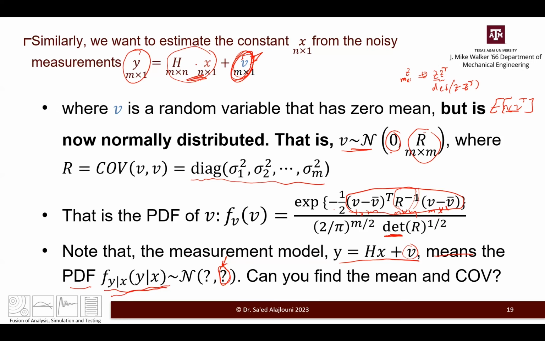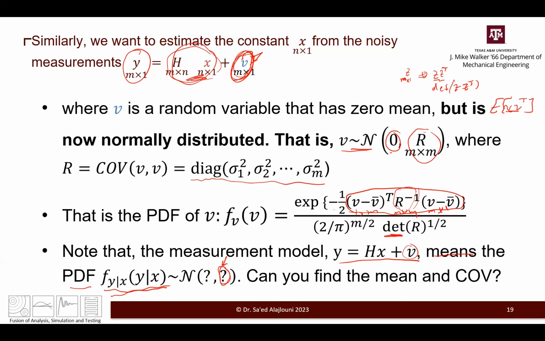Its length is known, so its variance is 0. We know exactly what it is. Here it's the same thing. I'm giving you X, and H is also known. So this term is a constant, so its covariance is going to be 0.